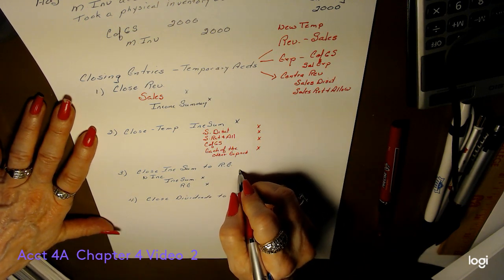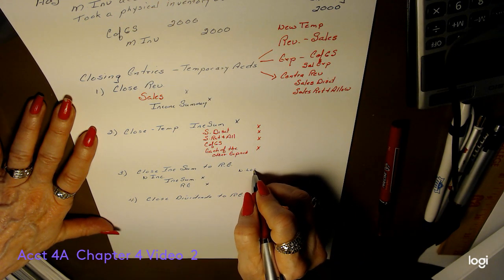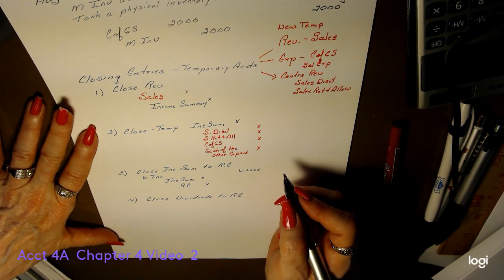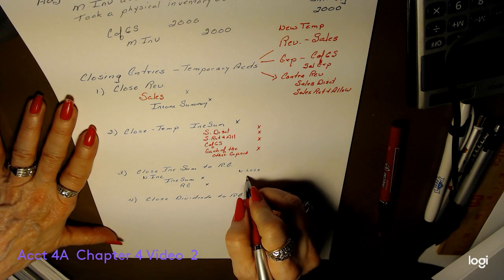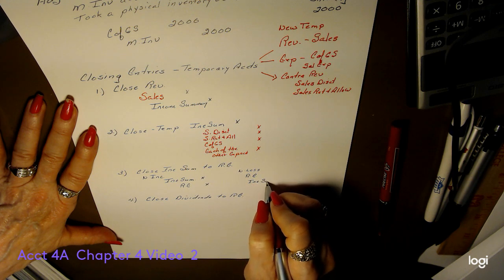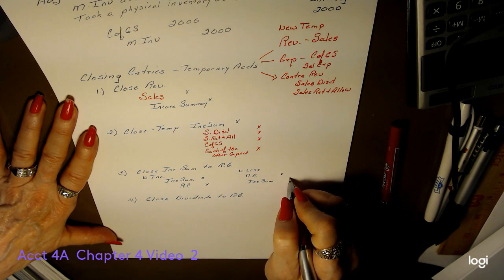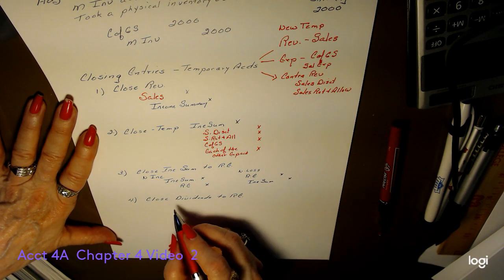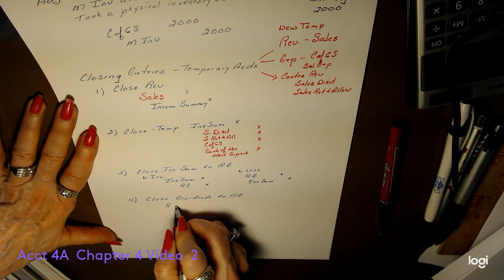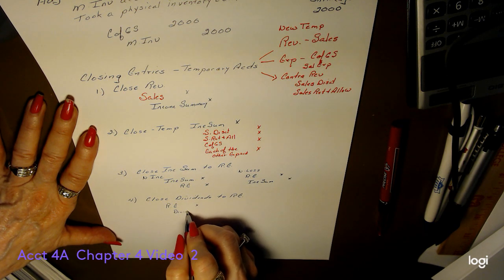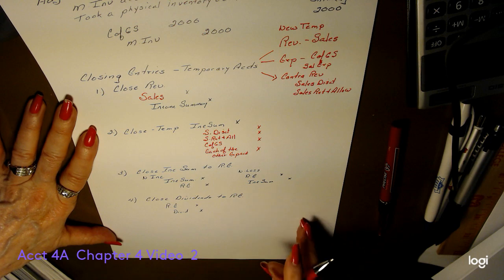Unfortunately, if we'd had a net loss, our income summary account would have had a debit balance, and we would have had to debit retained earnings and credit income summary. And the last one is the regular one to close our dividends account with a debit to retained earnings and a credit to our dividends account.